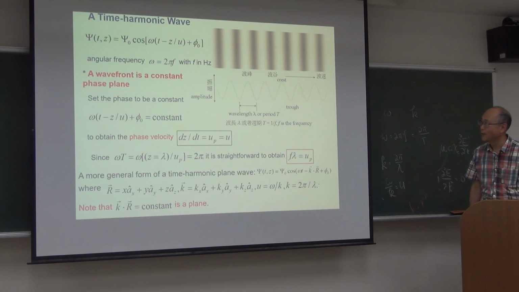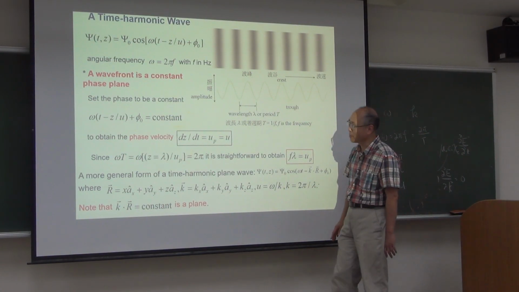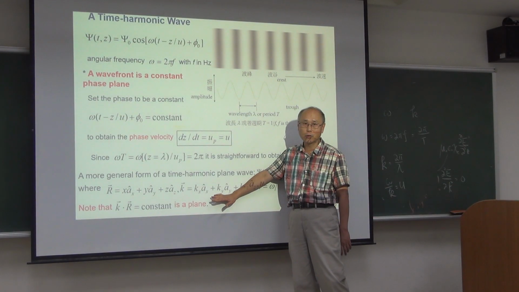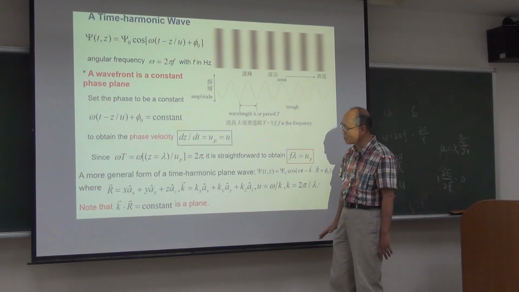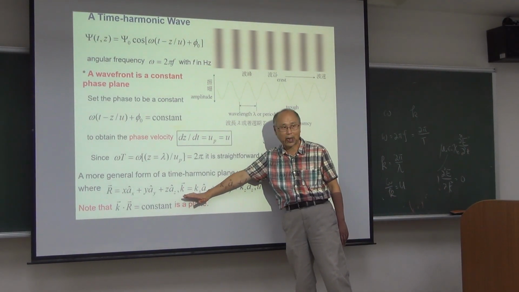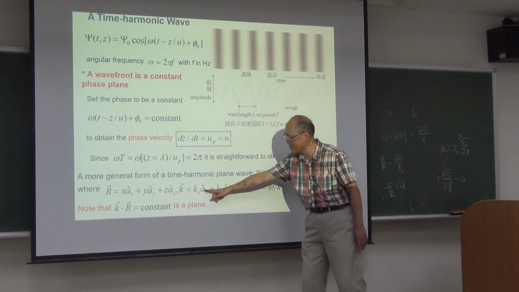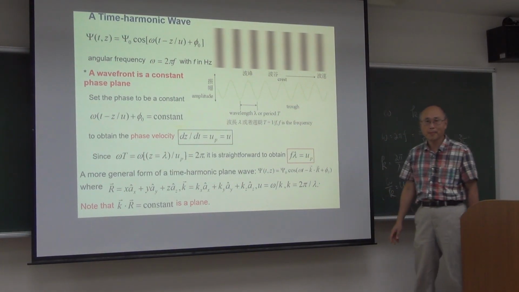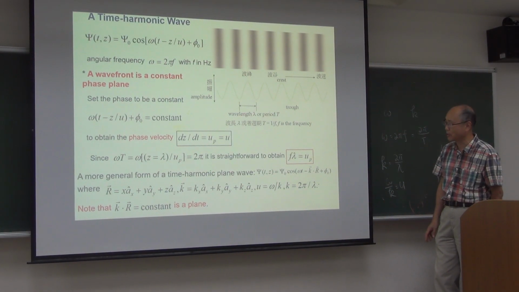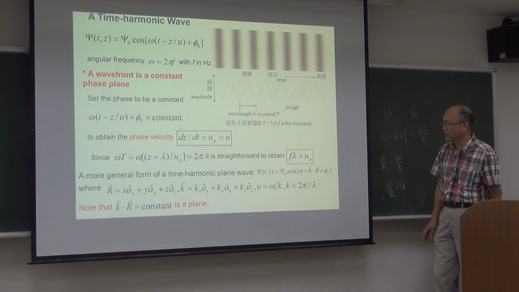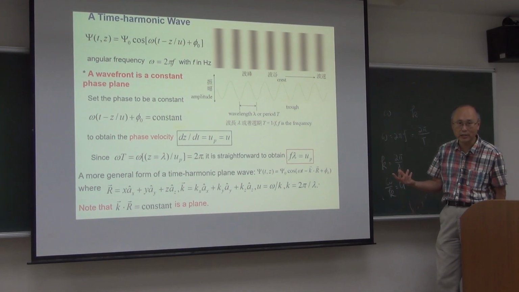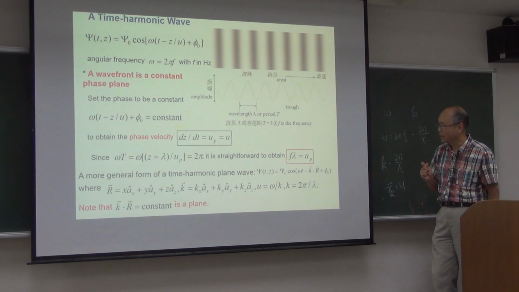But then, in general, you can propagate a wavefront along any arbitrary direction. Okay. So this k vector can have 3 components. All right, so you have kx, ky, kz. This means that you can have phase velocity and also wavelengths along 3 different directions.